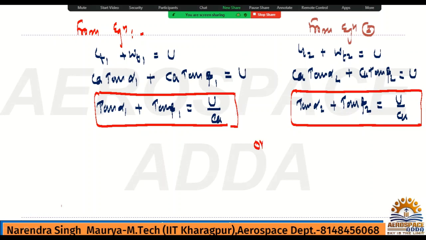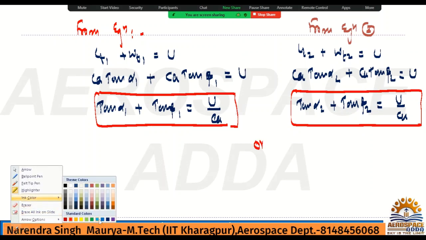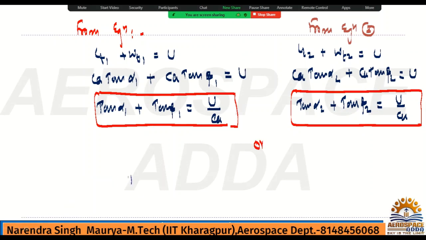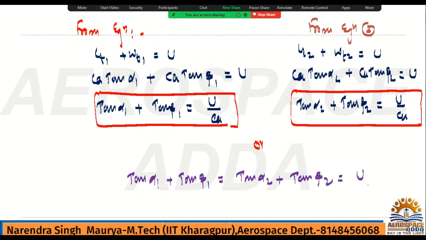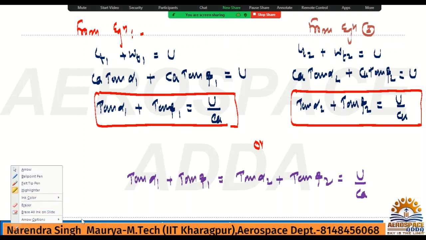Or what you can write? You can write tan alpha 1 plus tan beta 1 is equal to tan alpha 2 plus tan beta 2, equal to U by CA. Remember this result. This result will help you to solve the problems. Okay.